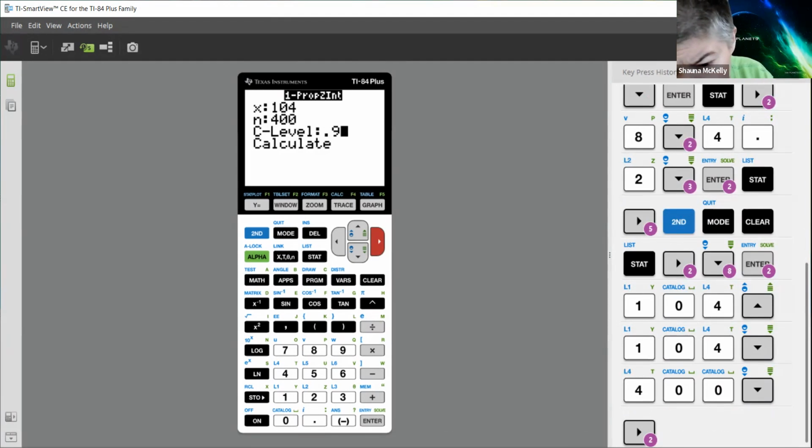Why is it? Give me a second. My calculator is telling me it's 110, and I was using 60 and 110. I don't know why I was using 60 and 110, but this is 104 and 400. Oh, maybe because they reduced it.